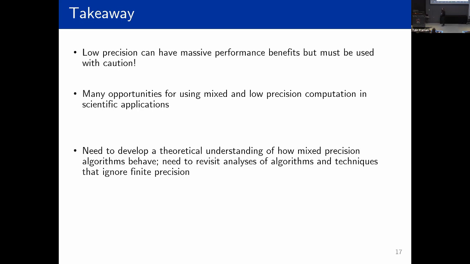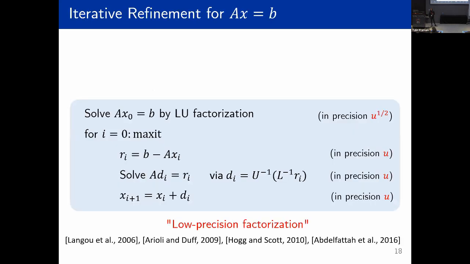In order to first understand the limitations, but also to understand the opportunities, we need to understand the theoretical basis and have some analysis of these algorithms in mixed precision arithmetic. In the next part of the talk, I will talk about some of my own work, which Nick Higham and others have built on, and what we can achieve when we actually do the analysis.